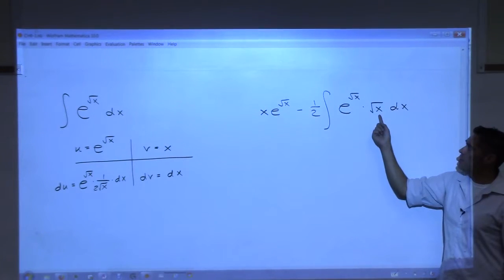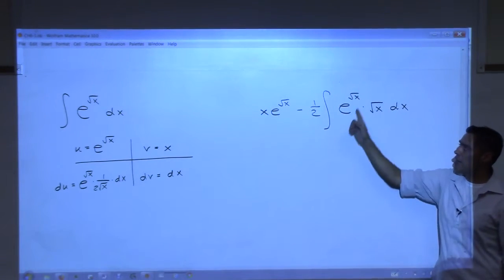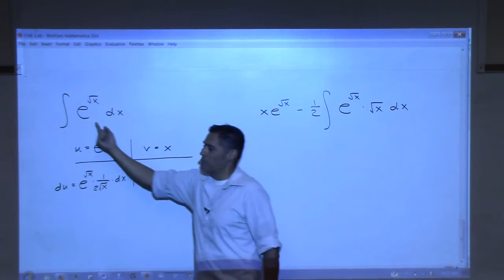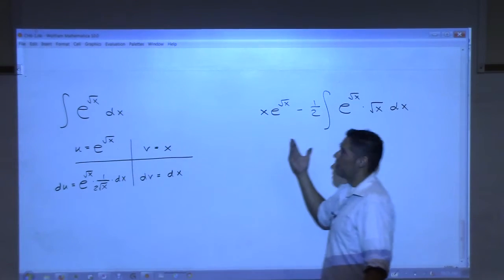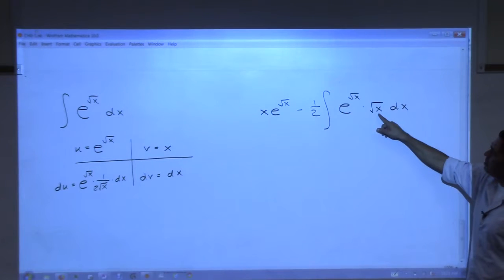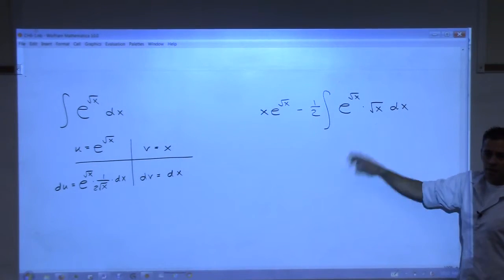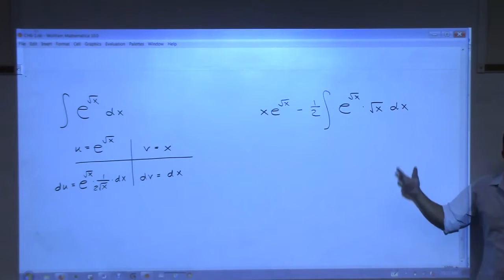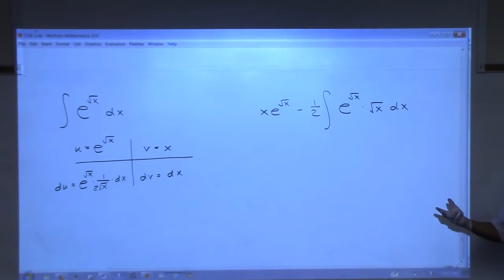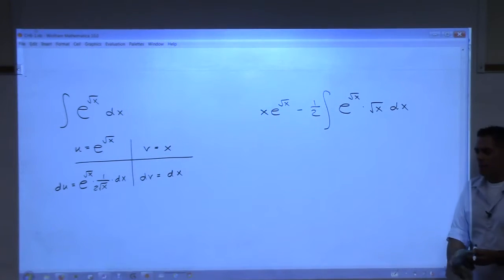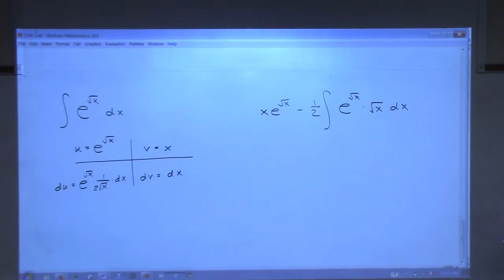If I use this for u and this for dv, I can't integrate that because that's the original problem, right? So I know I'm not going to be able to do that. So this would have to be the dv, and then that would have to be your u. And then you run through it again, what you're going to realize is it's going to just start getting uglier and uglier, right? So to answer your question, this is what makes this so difficult, okay?